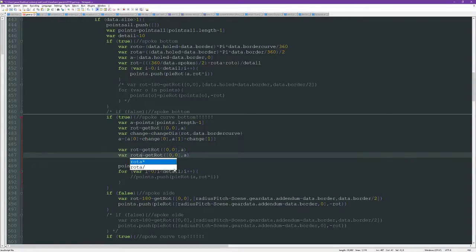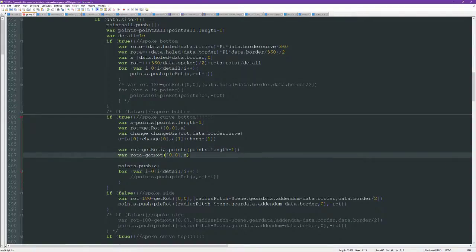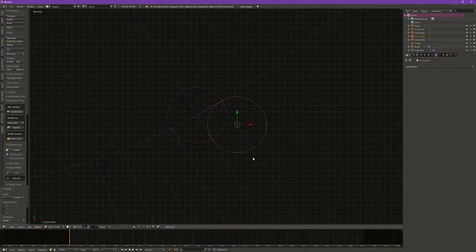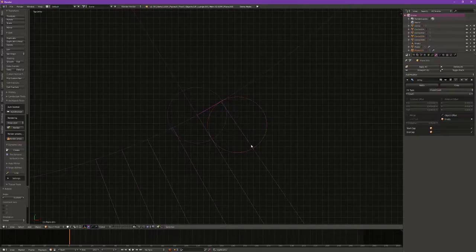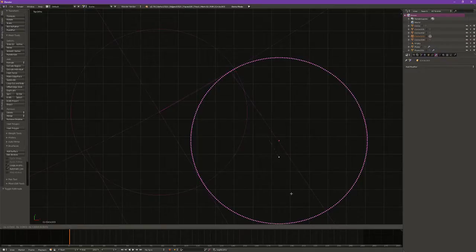So, I need rotation, and rotation A. Rotation will be from A to the previous point's location. Rotation A will be from A to the direction of the normal of that line. So that would just be that plus 90. No. Really? For some reason that doesn't feel right. Eh, good enough.